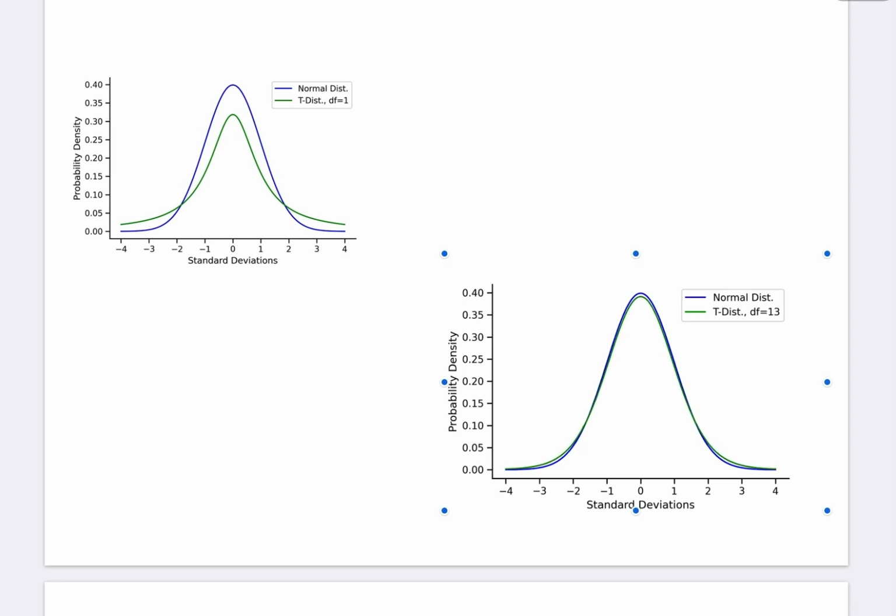You can see how the degrees of freedom is changing in the legend on the top right corner. Again it goes from degrees of freedom 1 to 50. You see how the green curve coincides with the blue curve.